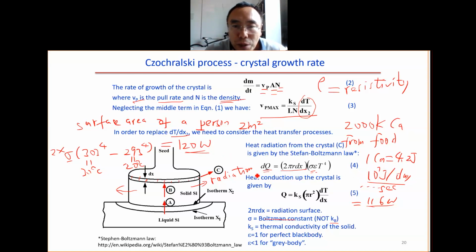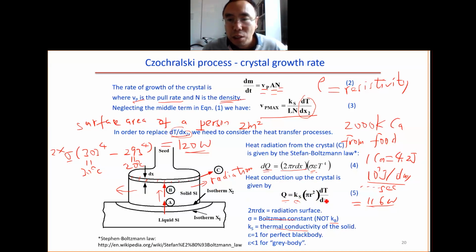So now we have this equation here, and we need to find dT over dx. Another equation we know is that the heat conduction along the solid is given by Q equals the thermal conductivity of the solid, times pi r squared, the cross-section area, times dT over dx.